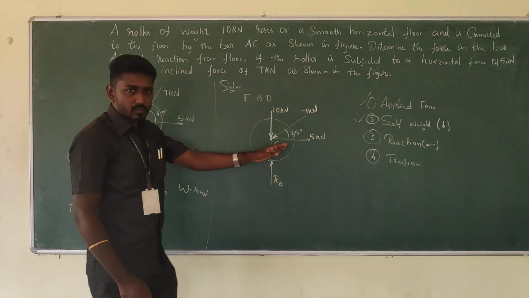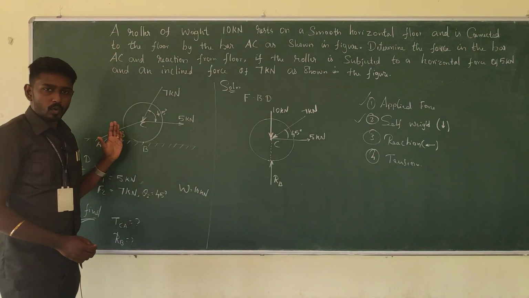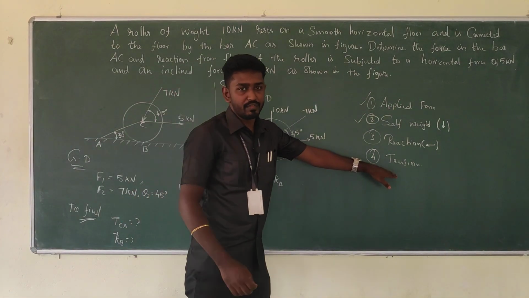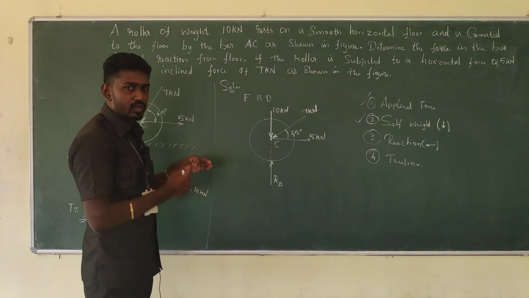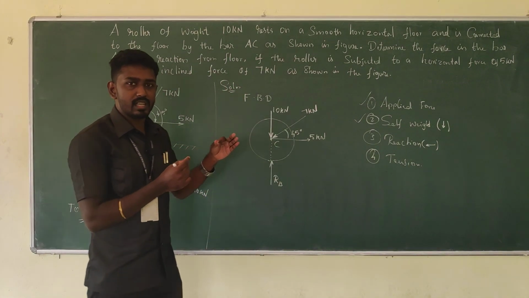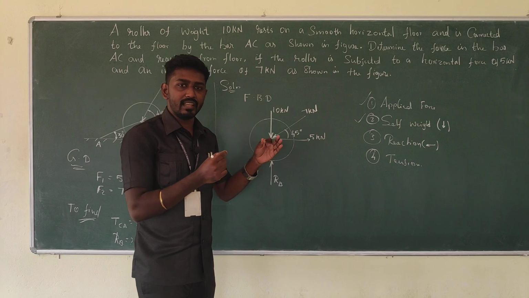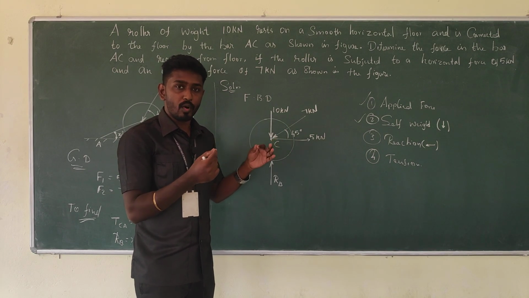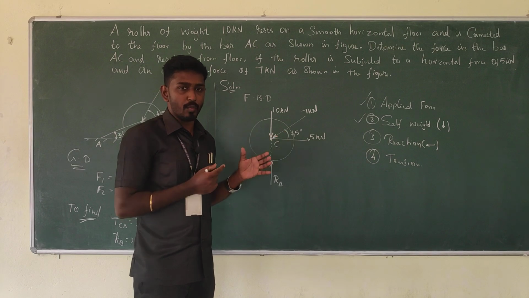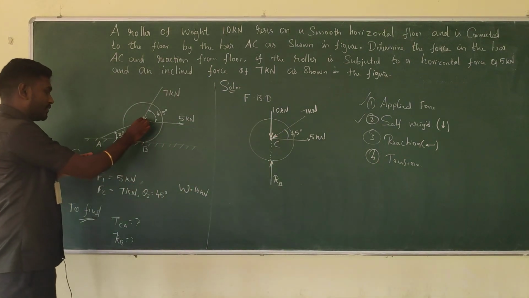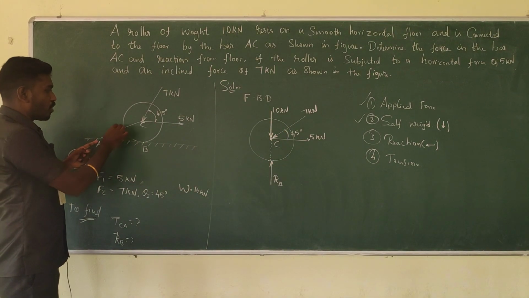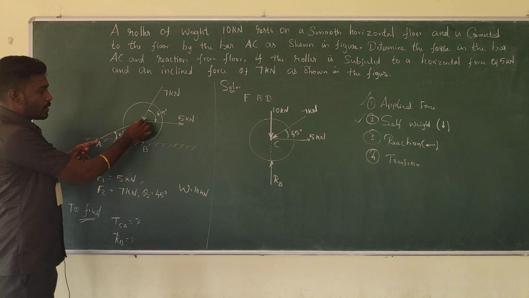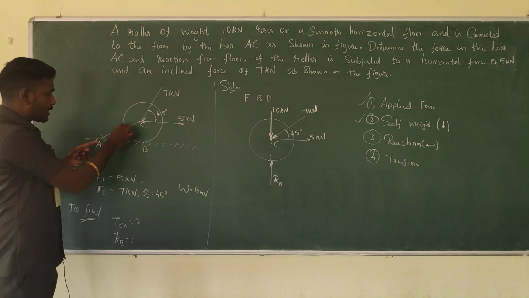And then any other reaction force is there? No. Then come to the tension force or tensile force. Tensile force will be experienced in the string, or a rod, or a rope, or a bar connected between two bodies. So here between C and A, that means between the floor and the center of the roller, there is a connection with the help of bar AC.